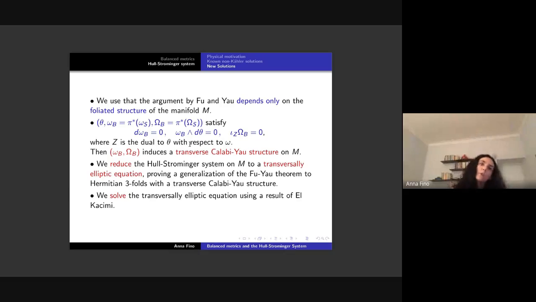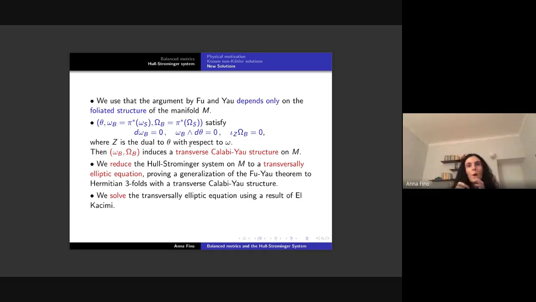You have the condition Omega B wedge theta, and that's important: if you consider the interior product, so you contract your Omega B by zeta, where zeta is dual to theta with respect to the metric, then this is 0.